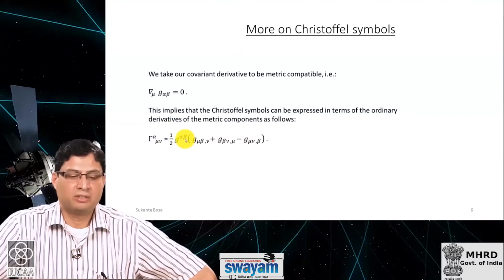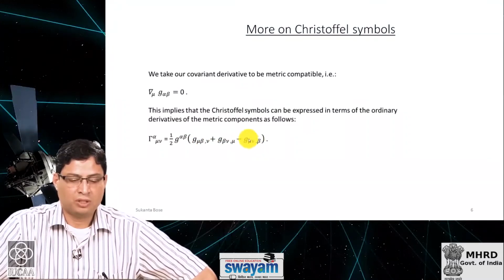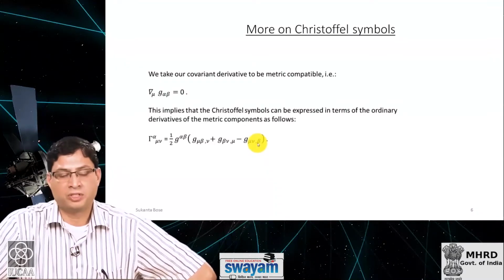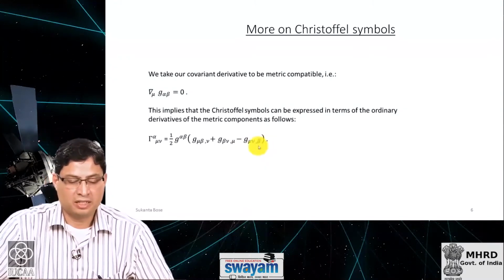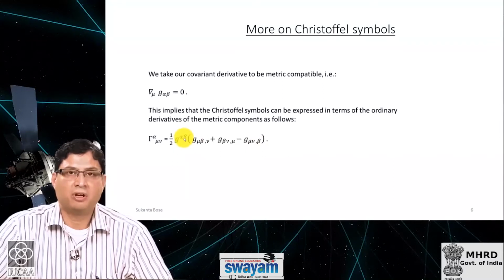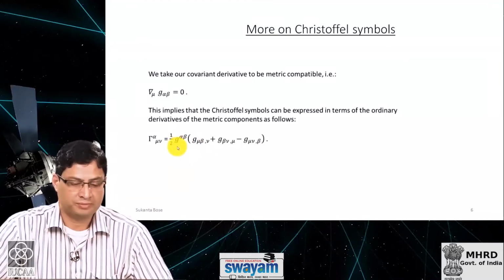The second index on it, beta, is summed over with 3 terms appearing in the parenthesis, one of which is with a negative sign. The one with the negative sign has this metric components with the same indices mu and nu as the lower indices of the Christoffel symbol. Okay. So the derivative index, namely comma beta, which is actually the ordinary derivative with respect to x beta, is the index that is summed with the beta on top on this inverse metric component.